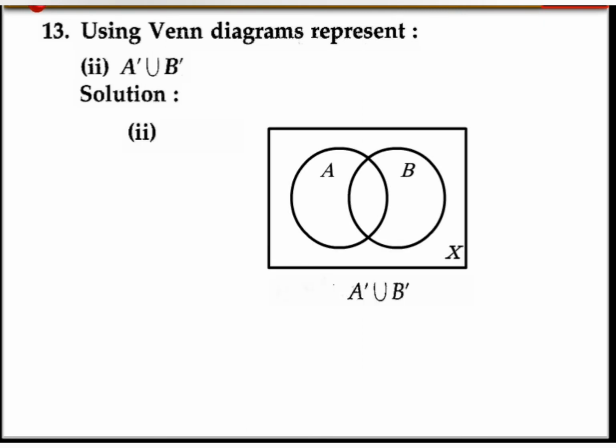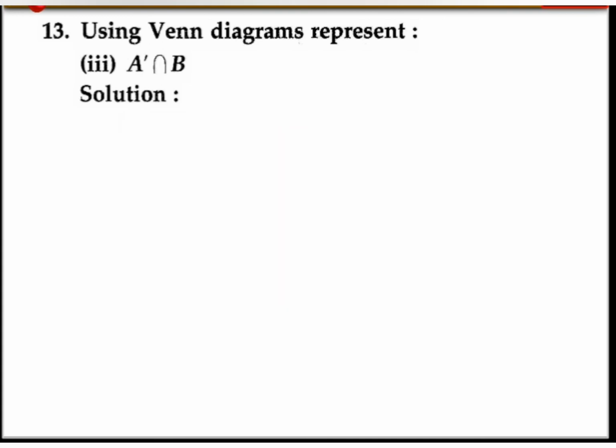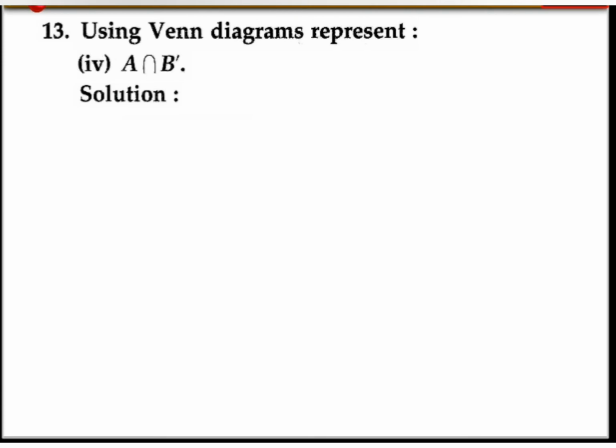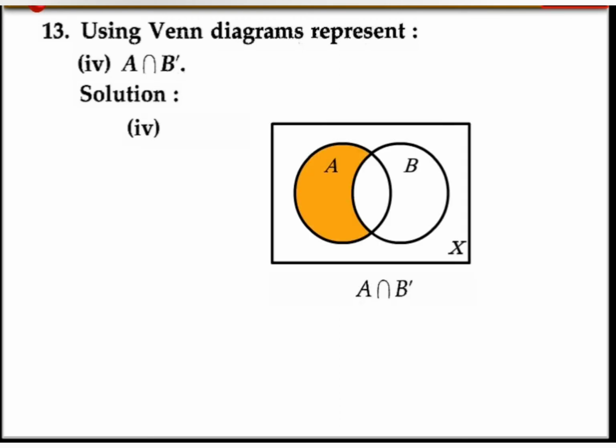Well, this is the Venn diagram of A complement union B complement. Number 3. A complement intersection B. Well, here is the Venn diagram of A complement intersection B. Number 4. A intersection B complement. Well, this is the diagram of A intersection B complement.